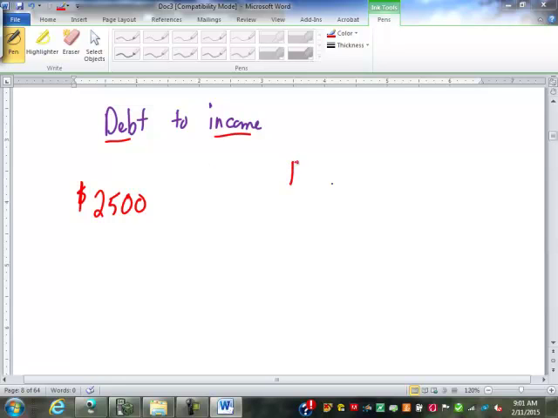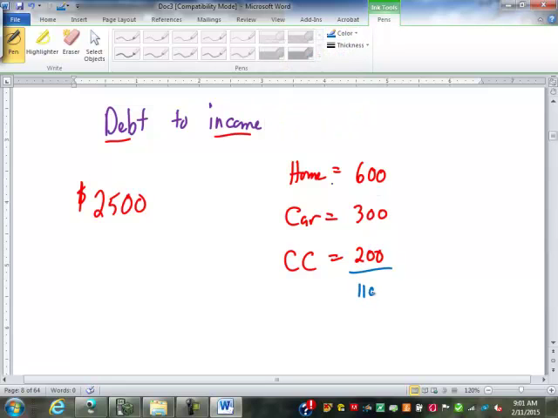But let's say you have a home payment, a home mortgage of, we'll keep it reasonable, $600 a month. So you have a car payment of $300 a month. And credit cards, $200 a month. What is your debt to income ratio? We add this up. This is 1,100.